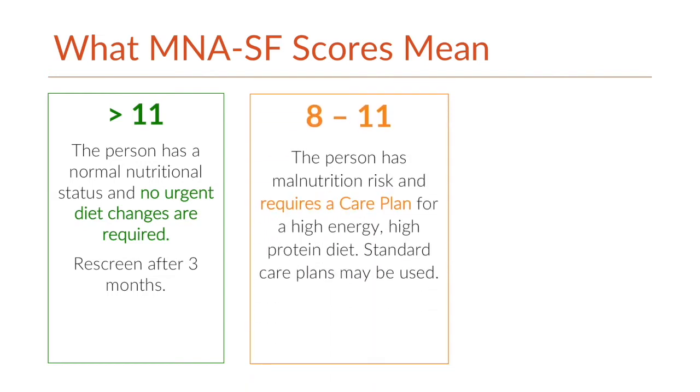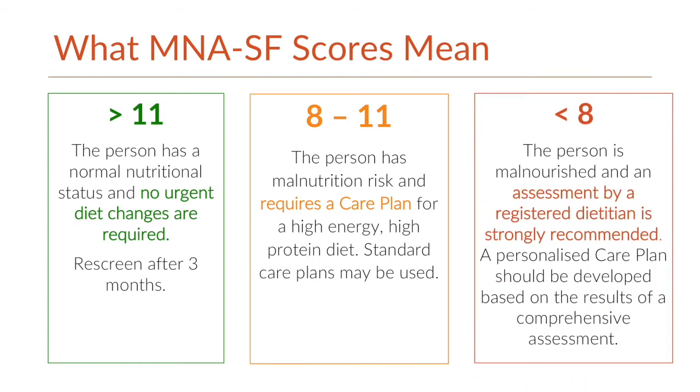Scores between 8 and 11 indicate the person has malnutrition risk and requires a care plan for a high energy, high protein diet. Scores of 7 or below indicate the person is malnourished and an assessment by a registered dietitian is strongly recommended. A personalised care plan should be developed based on the results of a comprehensive assessment.